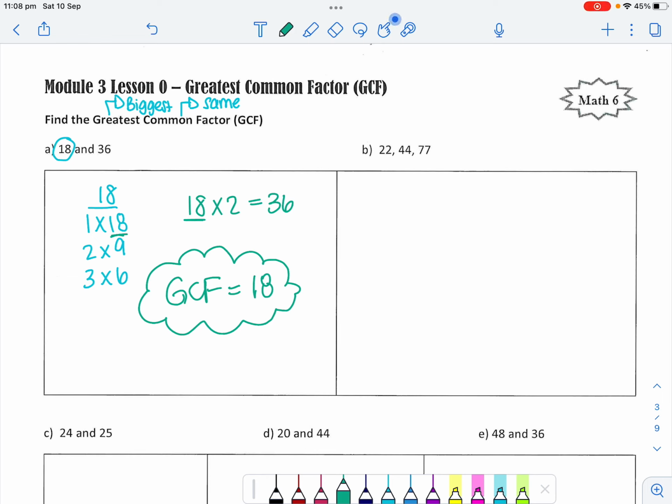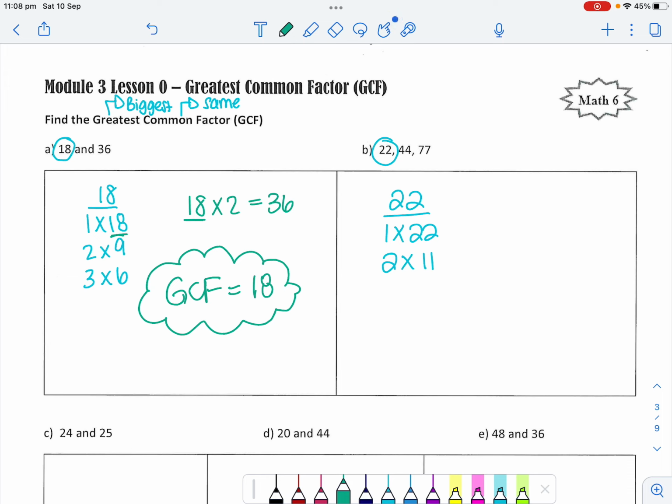I'm still going to start with the smallest number. So I'm going to start with 22. And I'm going to list the factors of 22. 1 times 22, 2 times 11. And then I'm going to start with the largest factor in the list because I'm looking for the greatest common factor.